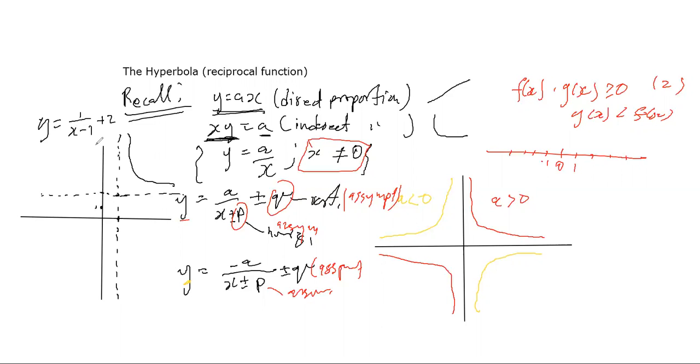And if I am to find the x-intercept where y is 0, then I'm going to have 1 over x minus 1 plus 2 equals 0, so minus 2 equals 1 over x minus 1. So maybe I should probably solve this so that you are not lost in what I'm saying. If I multiply by x minus 1 on both sides, or what you guys refer to as cross multiplication, I will have minus 2x plus 2 equals 1.